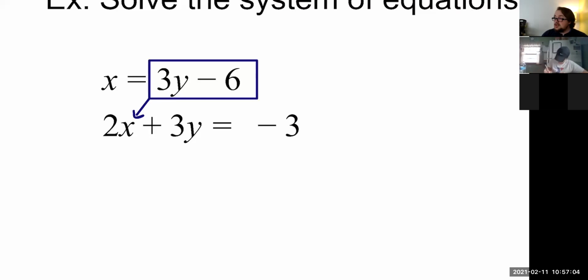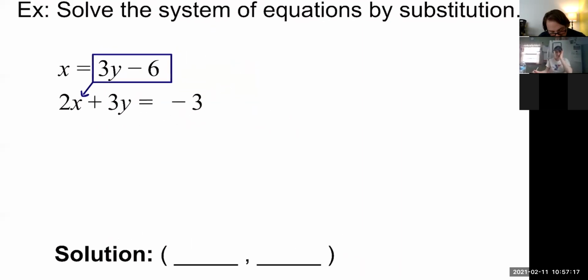So what I'm essentially doing is I'm going to rewrite the second equation, but as soon as I get to the x, instead of writing x, I'm going to write my 3y minus 6. Now, for the sake of space, let me think here. I'm going to write it over here to the right. I think this will give me enough room.